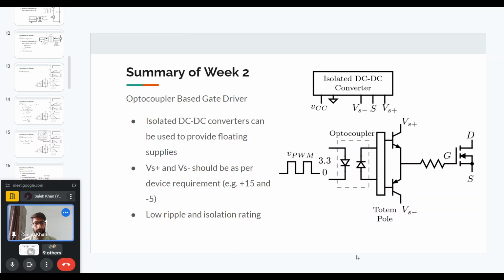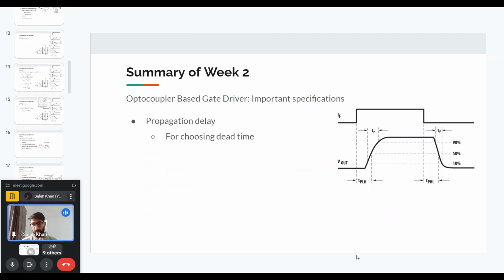So now some important specifications about this optocoupler based gate driver. One is the propagation delay. If we give the microcontroller or the analog controller some PWM output, the optocoupler cannot instantaneously take that as the input and give the same output.